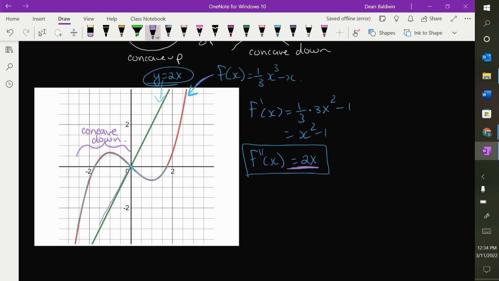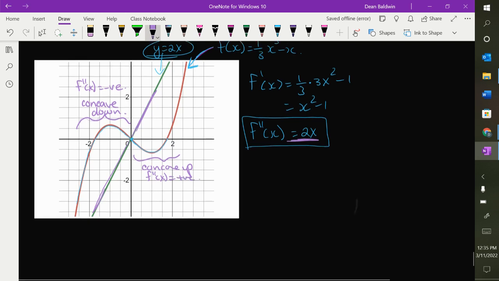The value of the second derivative is negative because we're below the x-axis. So f double prime of x equals a negative number. When you look at this part of the graph, we are concave up, and if you look at the second derivative, it is positive.